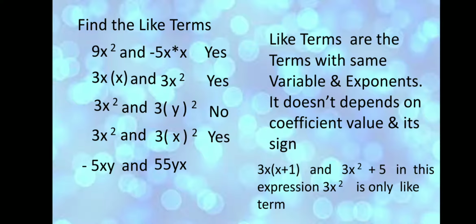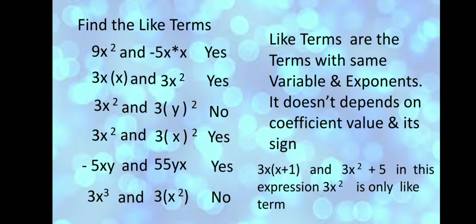Is this a like term? Yes, it is. Why? Because you have xy and yx. By the commutative property, xy and yx are not different, they are the same. So this is a like term. Is this a like term? No, it is not. Why? Because your exponent is different here.